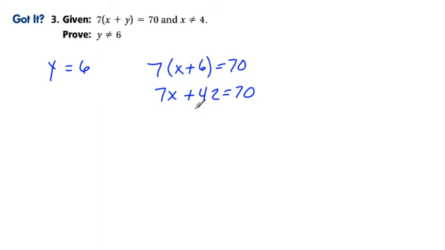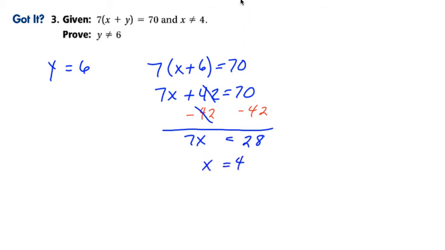Now when we subtract 42 from both sides, on the right-hand side, we get 70 minus 42 is equal to 28. And these 42's dropped out, they add to 0, so we have 7x equal to 28. Dividing by 7, we get x equals 4.